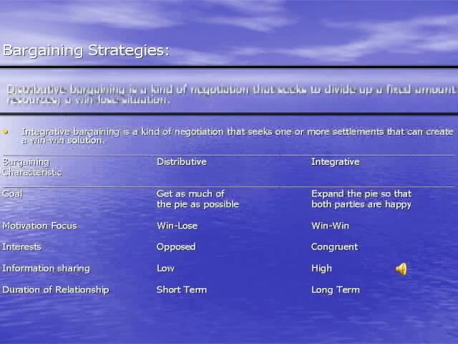So the essence of distributive bargaining is negotiating over who gets what share of a fixed pie. By fixed pie, we mean a set amount of goods or services to be divided up. When the pie is fixed, or parties believe it is, they tend to bargain distributively.